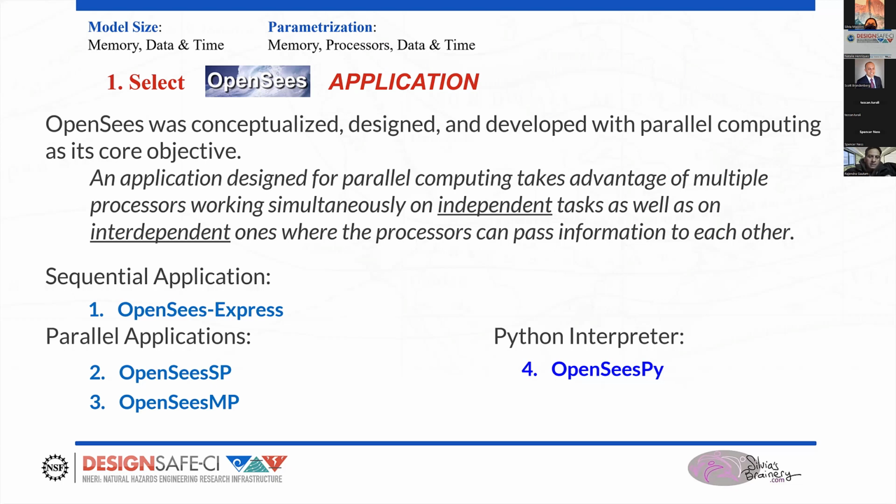You see them here on the left-hand side. We've got what we all call OpenSees, just to identify it. Here, it's called OpenSees Express in DesignSafe, but it's the OpenSees.exe, and it's a sequential application. Then we've got the two parallel applications, OpenSeesSP and OpenSeesMP. They're very different applications, and they're targeted to different types of parallelization, and I'll talk about those too.